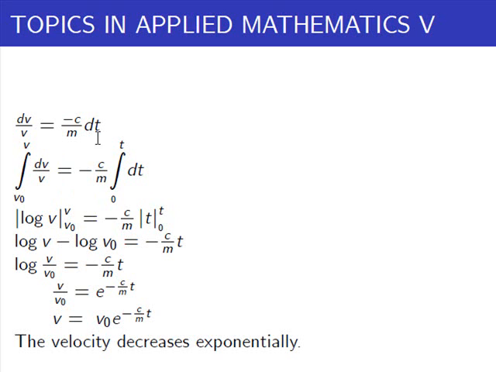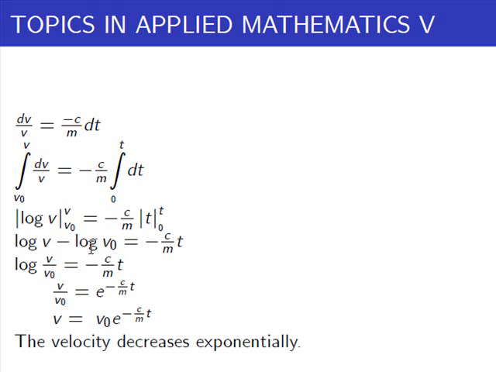This is again the integration rule: logarithm of v from v naught to v limits is equal to minus c over m t, 0 to t limits. We use the upper limit first, log of v, then minus the lower limit, log of v naught, is equal to minus c over m t.